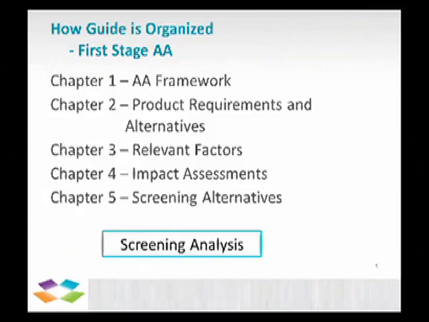The first stage AA, we can call the screening analysis, because this is where screening of alternatives is done. And from the screened out and screened in alternatives, there will be a narrowed list of alternatives that will be evaluated further in the second stage.